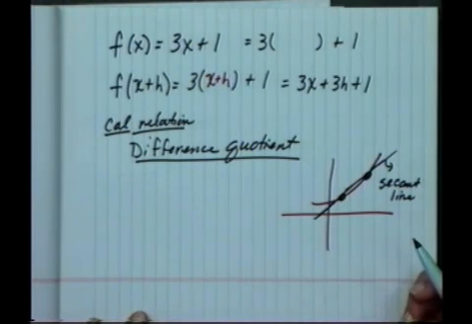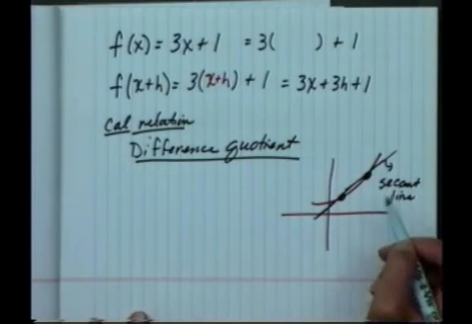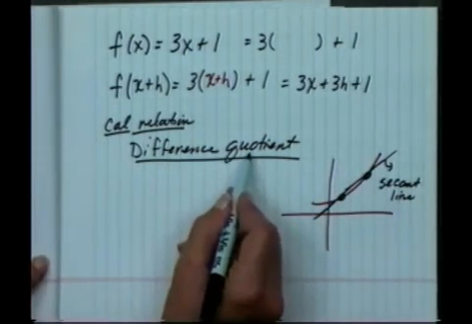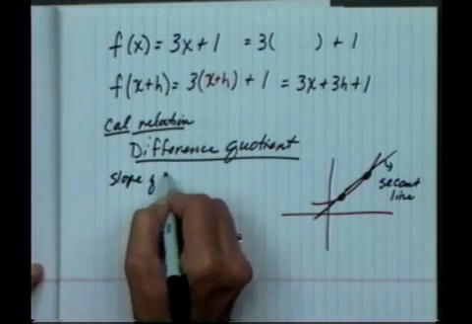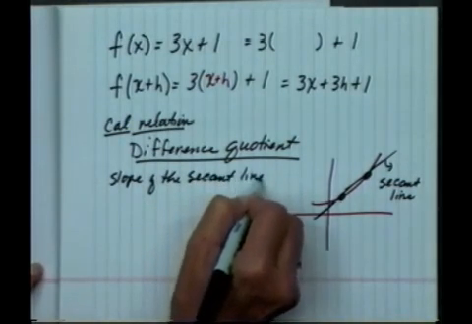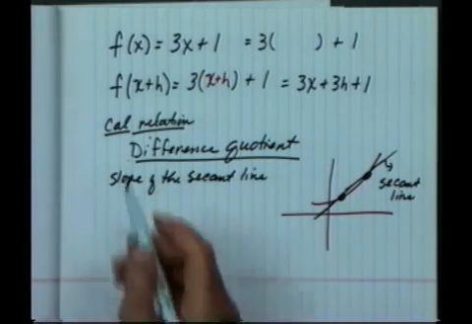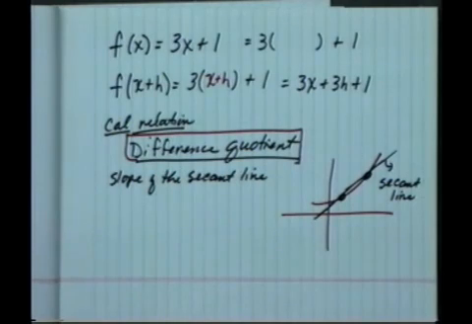Tangent line. Okay, tangent line to a curve. But this is called a secant line. And a difference quotient is the slope of the secant line. You're going to study this in calculus, and this leads to the derivative. So it's a very important concept that you get in pre-calculus.